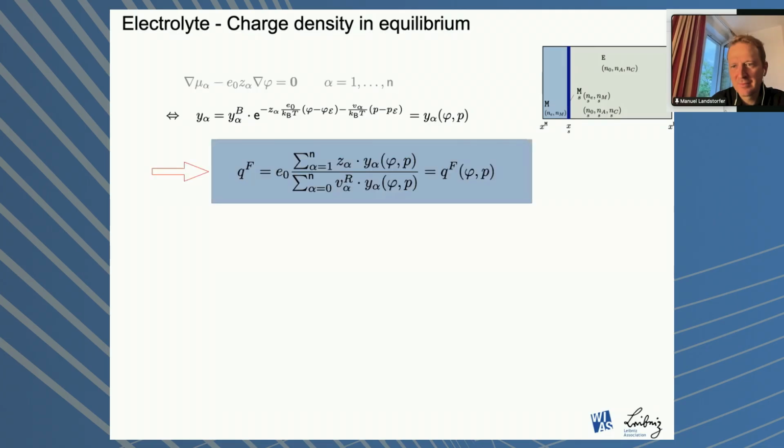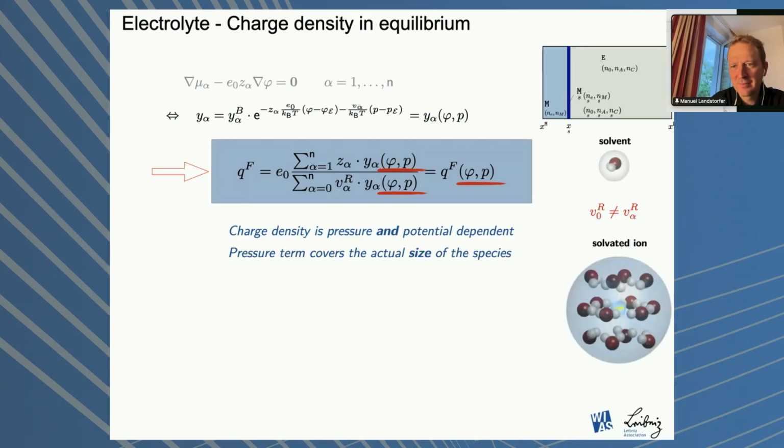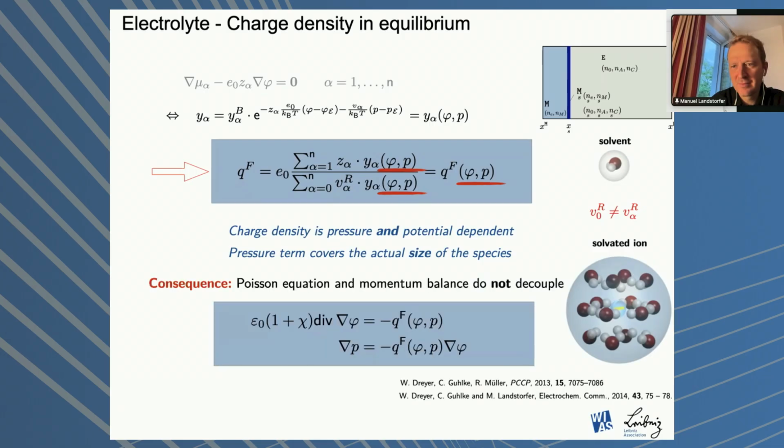And inserting this in the representation of the charge density, you really get an explicit function of how the charge density Q, so the right-hand side of the Poisson equation, depends on electrostatic potential and on pressure. It's very important that it's dependent on both of these quantities, because the pressure term actually accounts for the size of the specific species. And another consequence is that the Poisson equation and the momentum balance do not decouple, but they remain coupled.